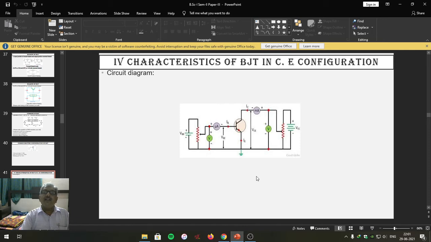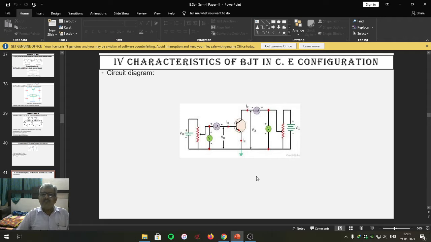At the beginning, let me define the IV characteristics. Already we have studied the IV characteristics of PN junction diode. We studied the IV characteristics of Zener diode. We studied the IV characteristics of tunnel diode. Thus, I can say we are well aware with the IV characteristics of the semiconducting device in general.